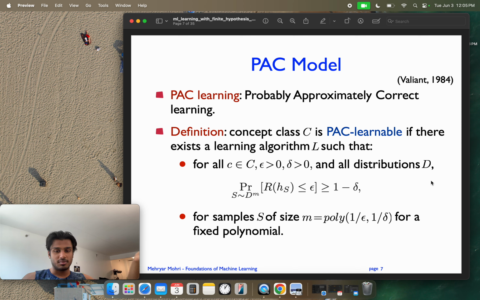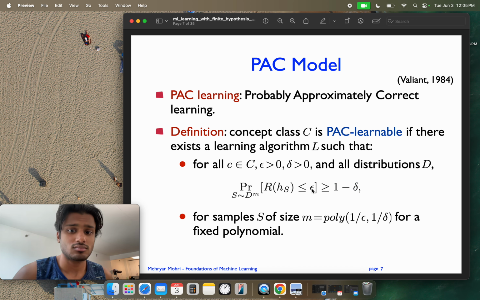If the algorithm returns a hypothesis which has a small risk with high probability, so epsilon is a small number, delta is a small number, so 1 minus delta is a large number. Let's say delta was 0.01, so this is a probability greater than 99%, like you're more than 99% sure that the risk is less than 5%, let's say.